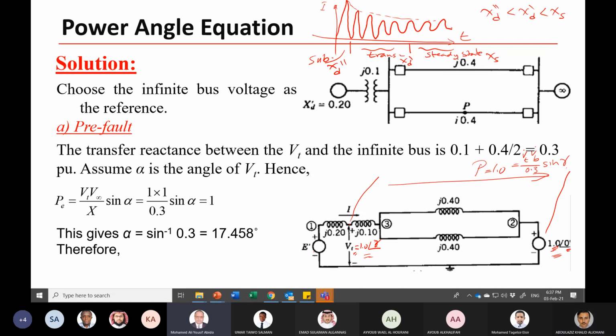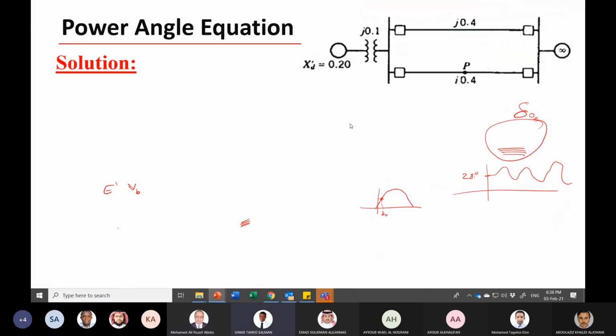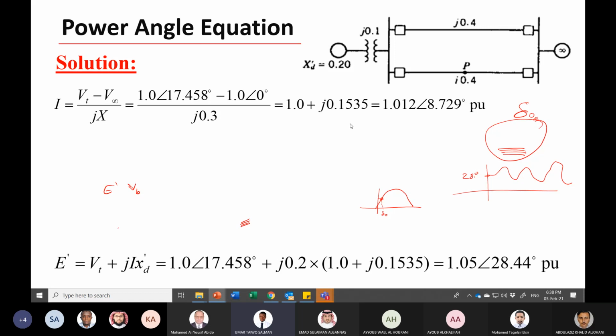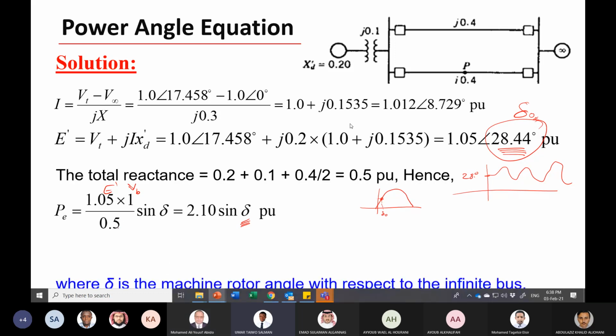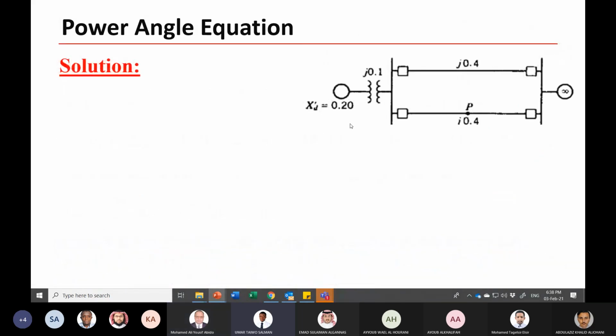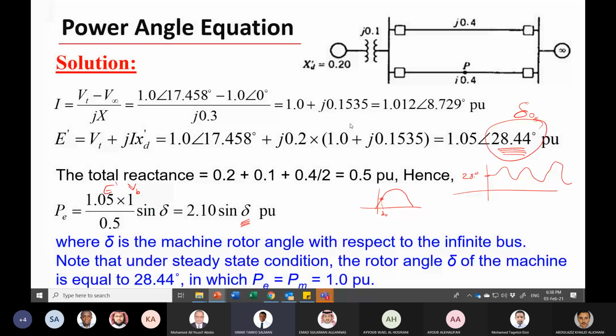Okay, go ahead, Omar. Is it correct to say that the steady state angle is the normal operation of the generator? When the generator is operating at steady state, the angle obtained at that time is close to 30 degrees?